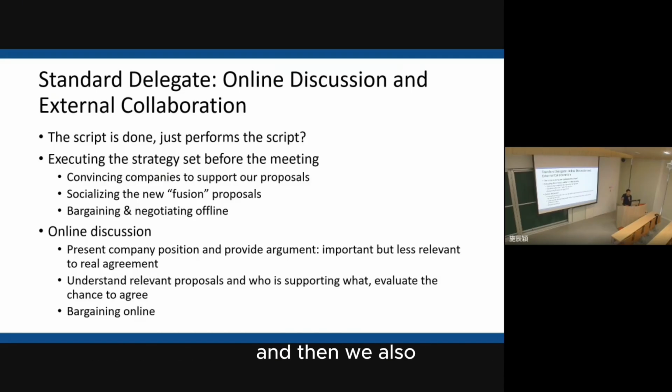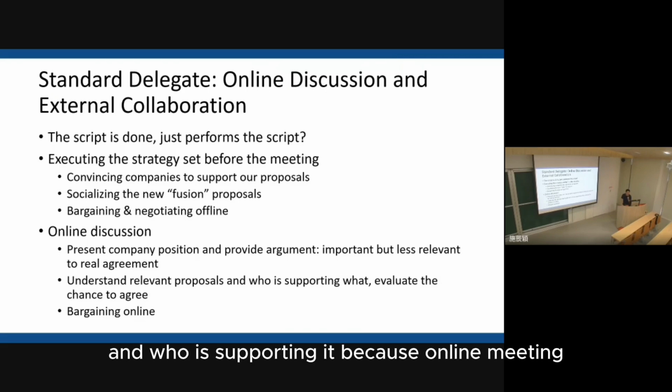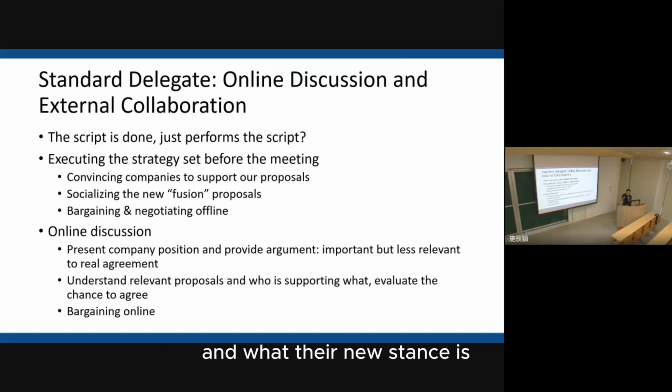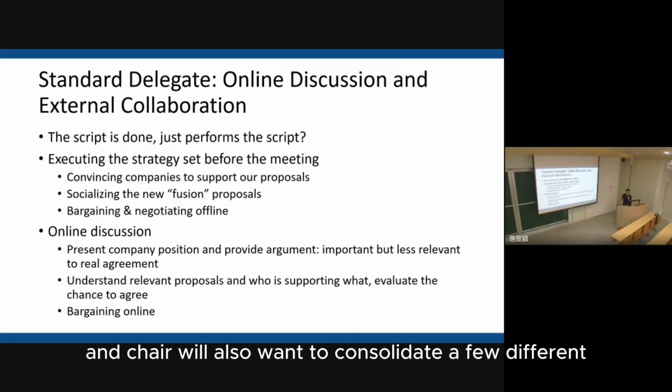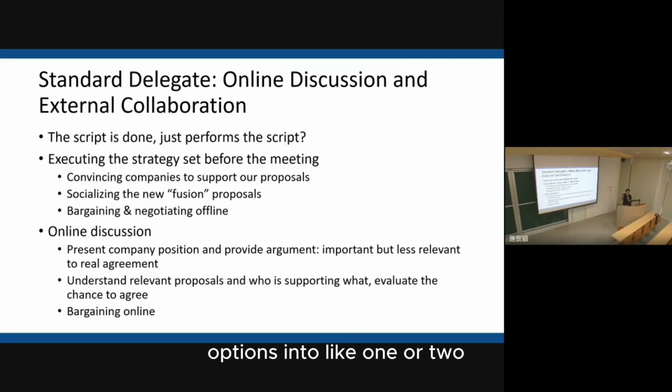And then we also want to understand relevant proposals and who is supporting them, because in the online meeting, we can formally see who supports what and what their new stand is. And the chair will also want to consolidate a few different options into one or two so that the chair can push for progress. That's part of the chair's power. We'll explain that later.